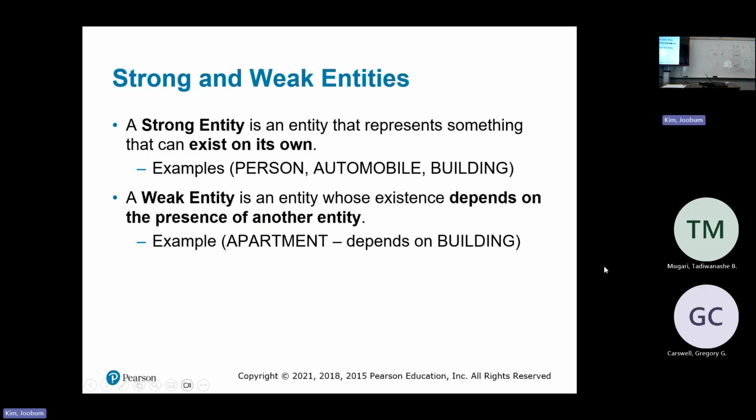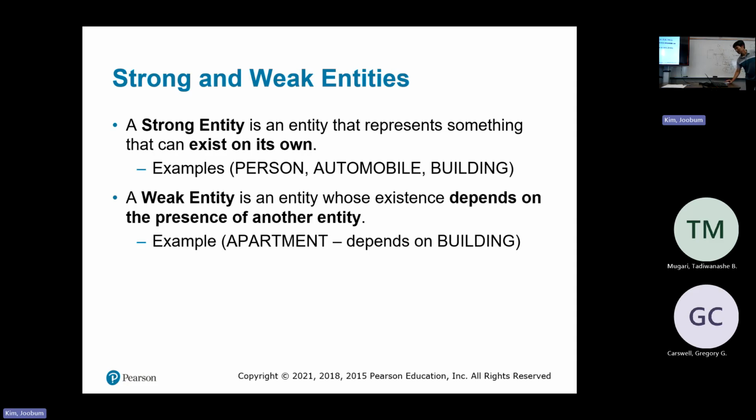So there are a lot of terminology you have to memorize or get used to, right? Okay, so far we mentioned entity, but depending on the characteristic, there are a couple of different entity types.